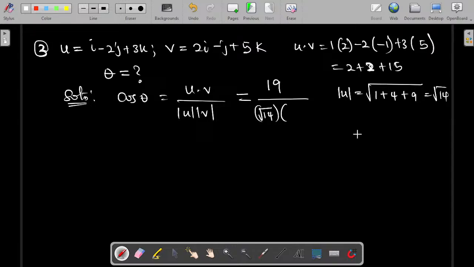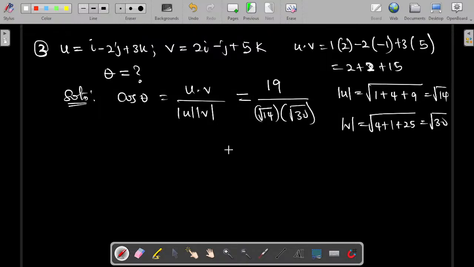What is the magnitude of v? It is the square root of 2 squared is 4, 1 squared is 1, 5 squared is 25. So you will get square root of 30.